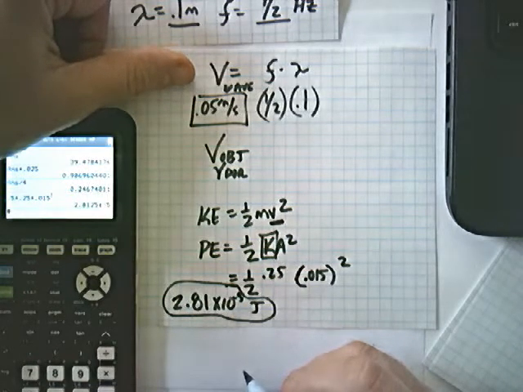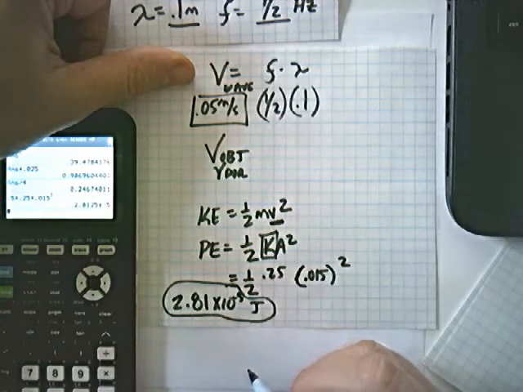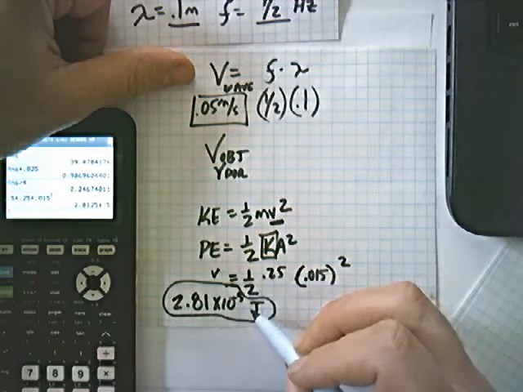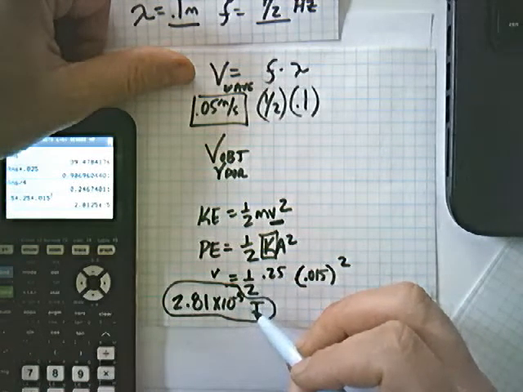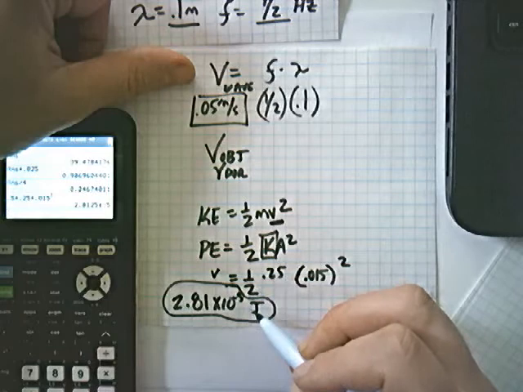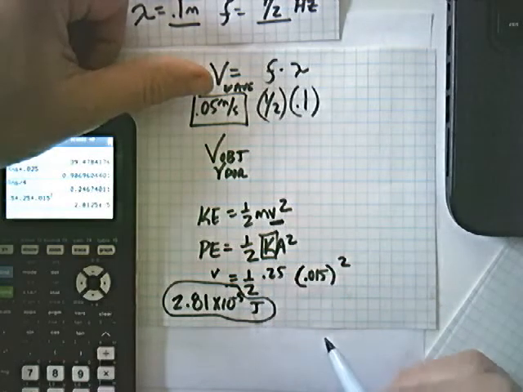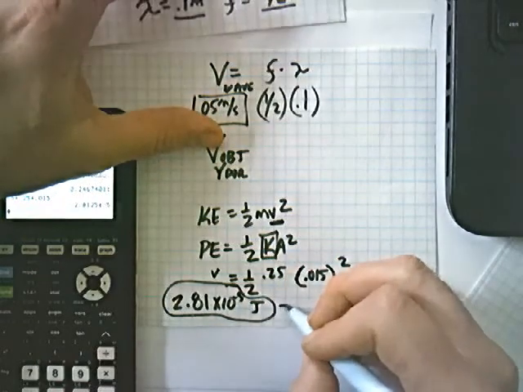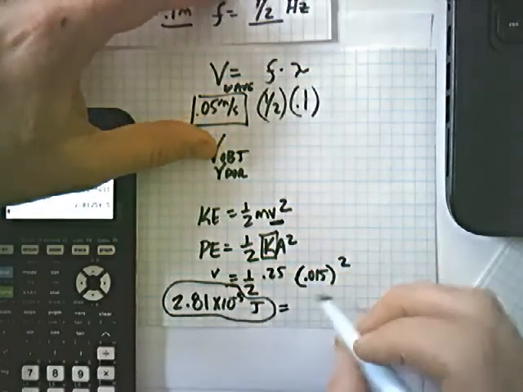Small object, small spring constant. And we end up with a pretty low result for our velocity. So we can then use that energy and go ahead and solve for the velocity. So that's not our answer, but we can use that to help us solve for it.